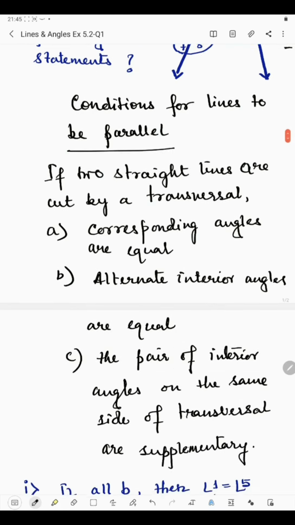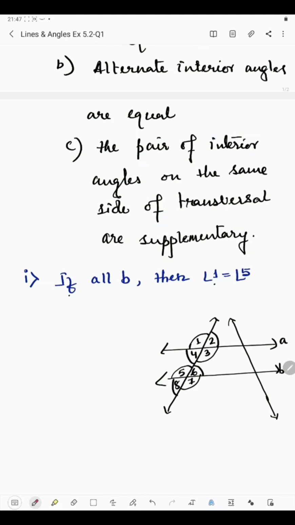Let us draw the figure once. Now see here, if A is parallel to B, then angle 1 and angle 5 are equal by which property? These angles are on the same side and in the same position. These two angles are on the left-hand side and these two angles are in the upper part of the line, right?